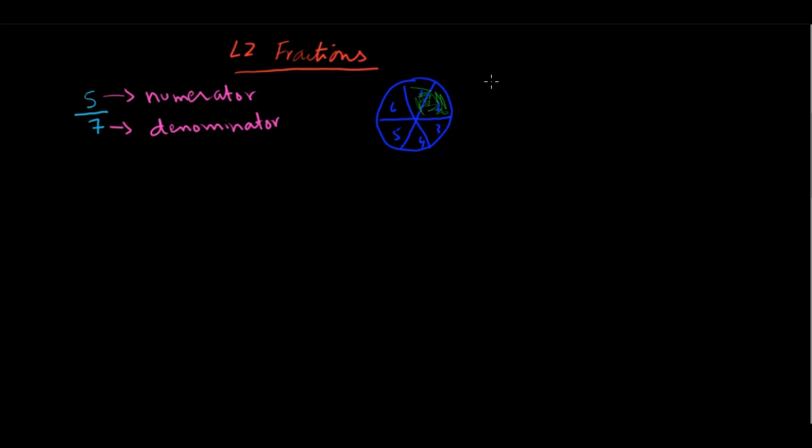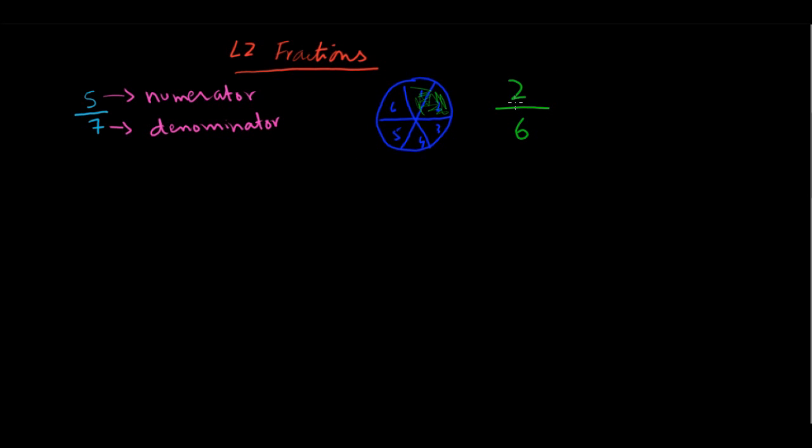Let's say Sohail eats 2 of these slices. The way to write this as a fraction would be: Sohail ate 2 out of 6. That's how in fractions you show that Sohail ate two of the 6 slices of the pizza.